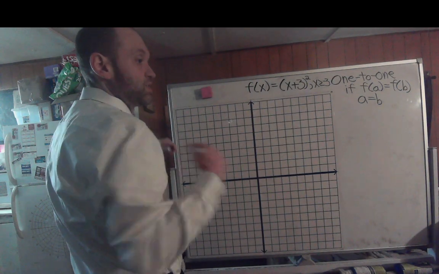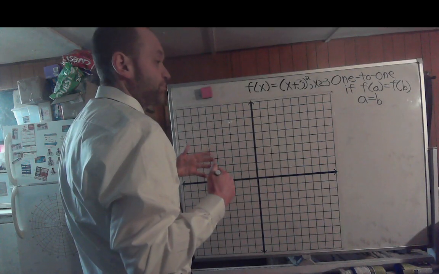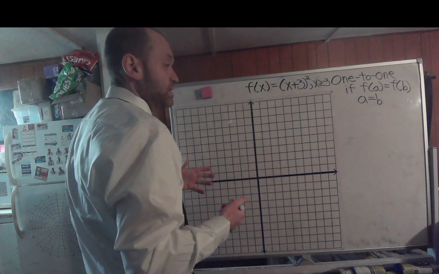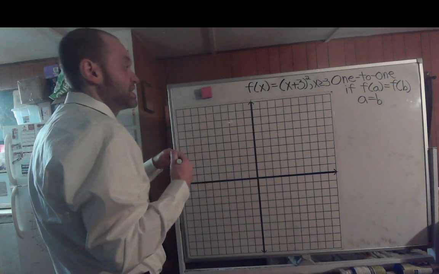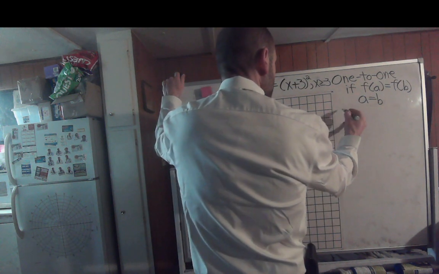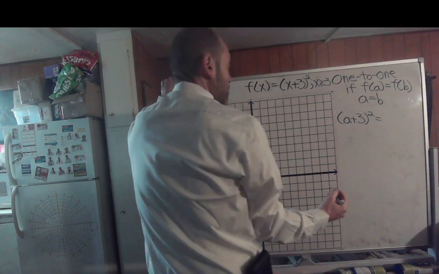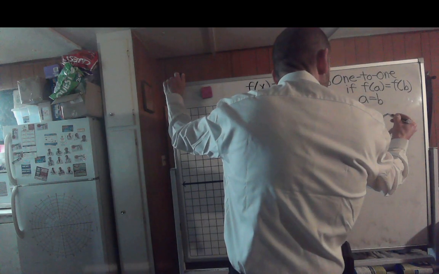So that means we're going to basically take the positive square root. That's what that means. You're going to take the positive square root of both sides in the end. So this would turn into (a plus 3) quantity squared would equal (b plus 3) quantity squared.